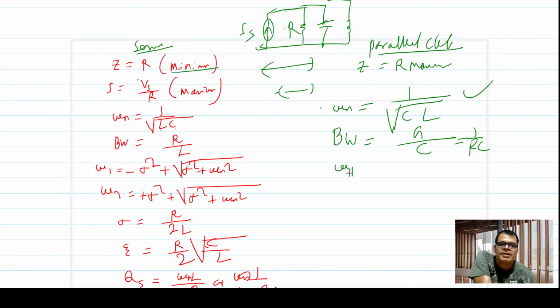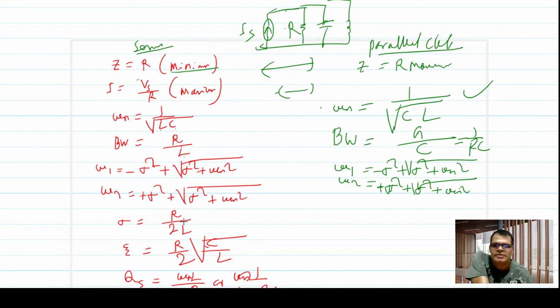Omega 1 and omega 2 are the same in form, with the damping constant the dual of R/2L being 1 upon 2RC.